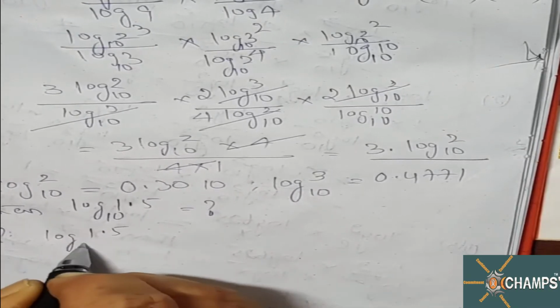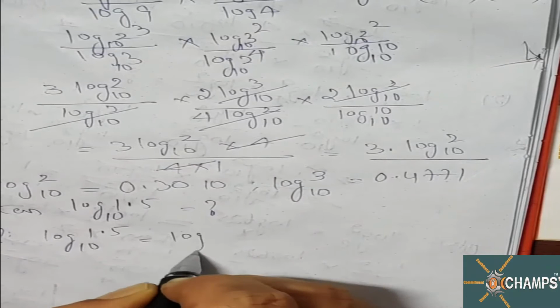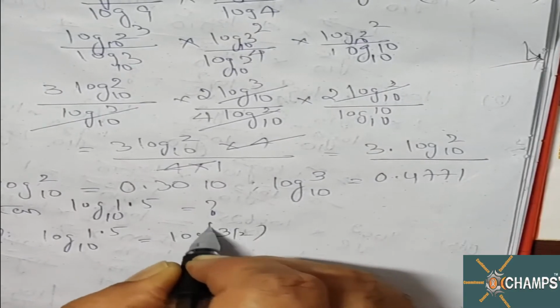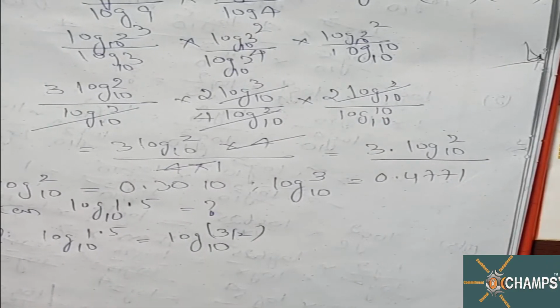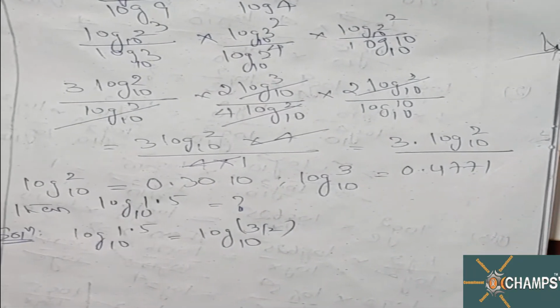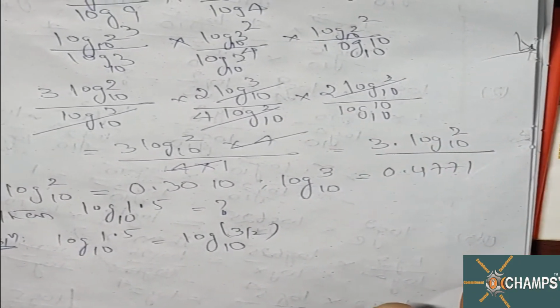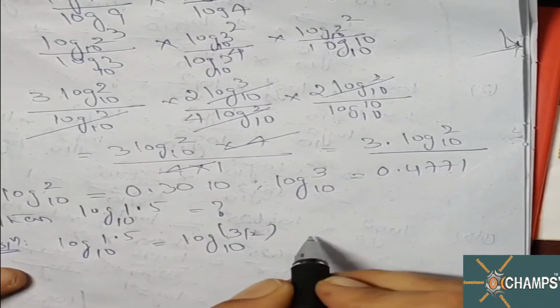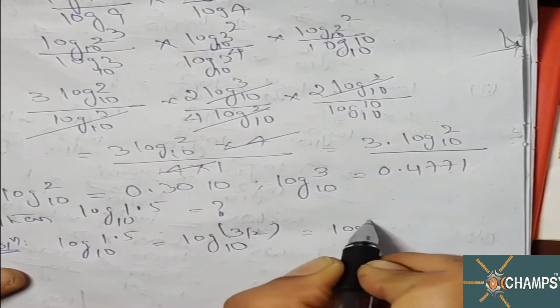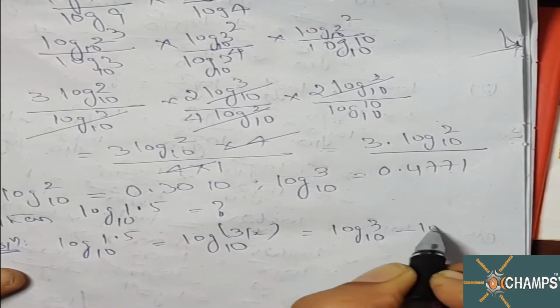Log 1.5 to the base 10 can be written as log 3 by 2 to the base 10. Log a by b can be written as log a minus log b.